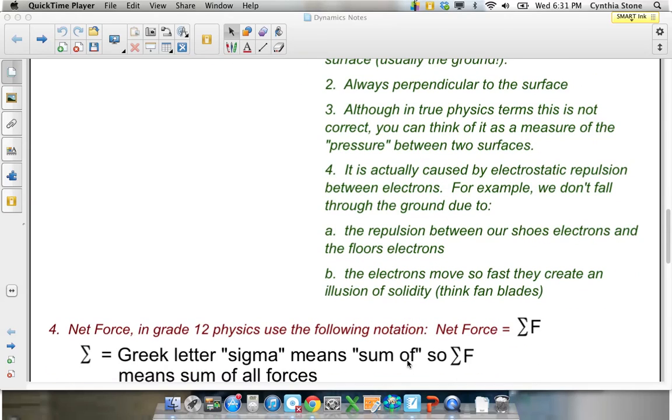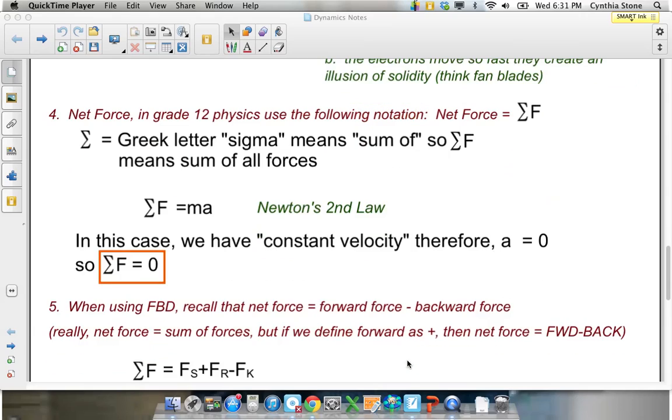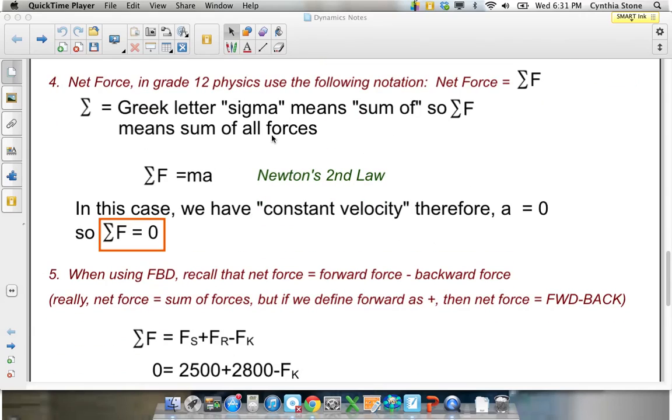So part number 4 asks us to find the net force. Just a little thing, different terminology. I always called it F net in grade 11. I always just go by whatever book I'm using as a reference, and the book you have in this course uses this little symbol called a sigma. If you took data management, you've seen it before. It means the sum of all the forces.